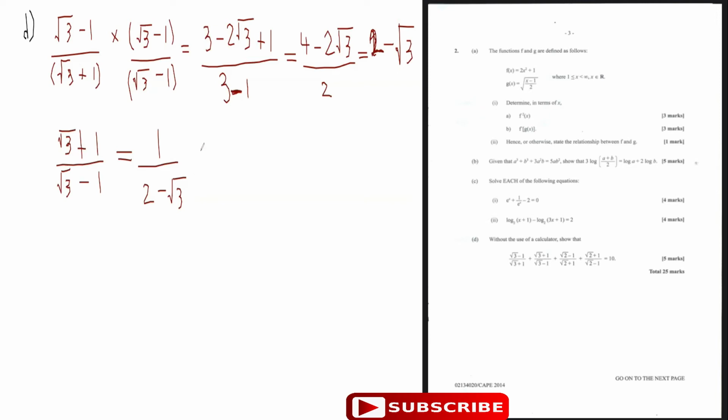All right? And then I can actually rationalize this. You can rationalize this part by multiplying by 2 plus root 3 over 2 plus root 3.